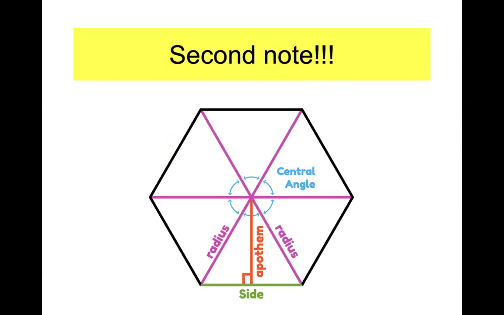Okay, second note. Remember, we can circumscribe this regular polygon with a circle. And if we go completely around the circle, we've gone 360 degrees. So from that red dot all the way around is 360 degrees, and the central angle can be calculated as a portion of that 360 degrees.